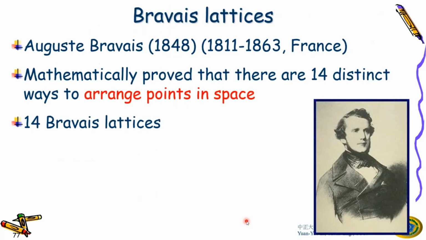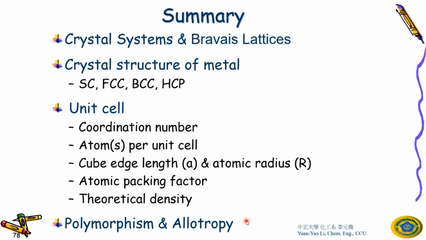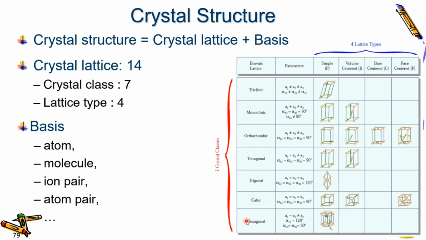Right, so the Bravais lattice, this is the great man. He found this mathematical proof that there are 14 distinct ways to arrange points in space. So this is the summary.